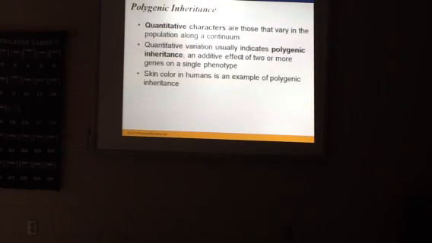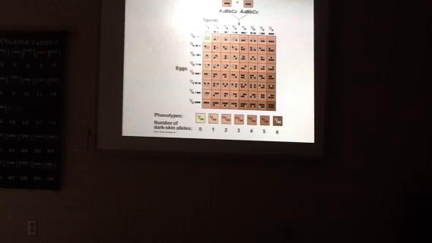All right, polygenic inheritance. Quantitative characters are those that vary in a population along a continuum. Quantitative variation usually indicates polygenic inheritance, an additive effect of 2 or more genes on a single phenotype. Skin color in humans is an example of polygenic inheritance.